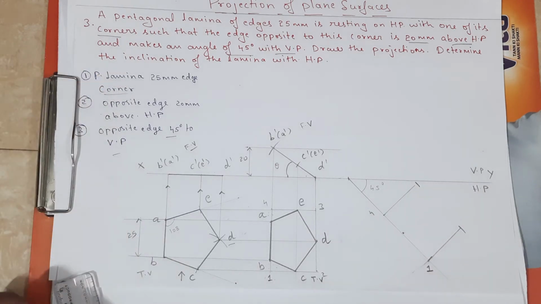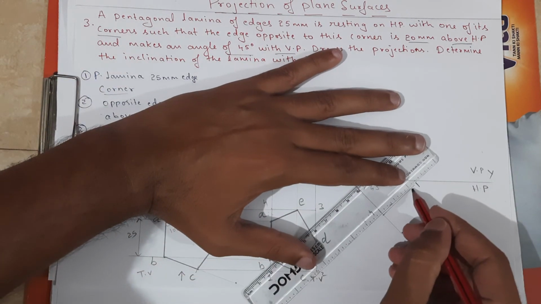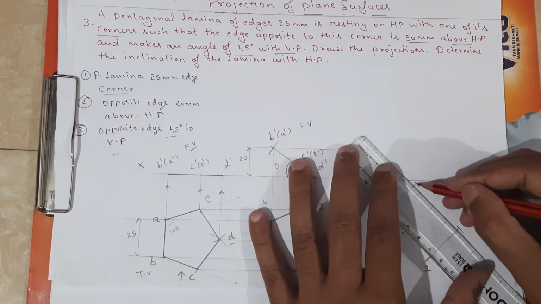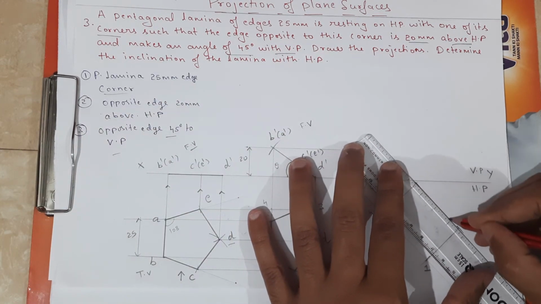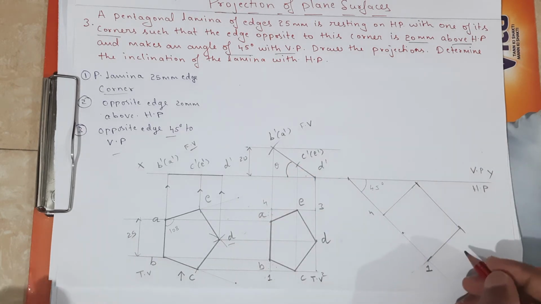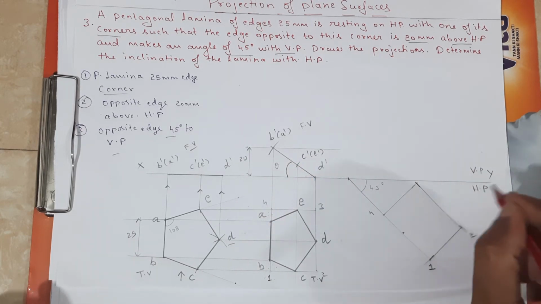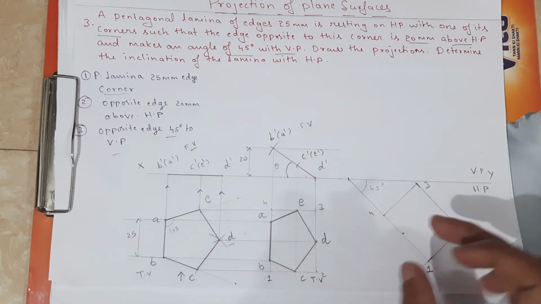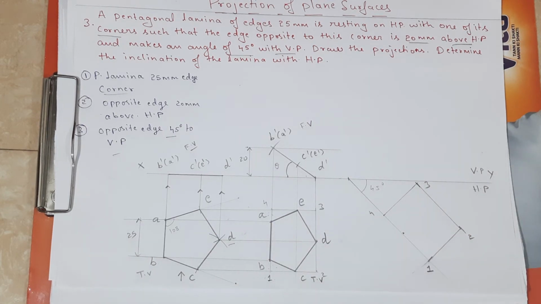Okay, now I got the box. This is 1, 2, 3 and 4. First I have shifted the reference box.